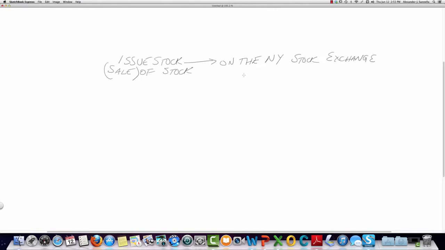Let's say that you're selling 100 shares of stock. And each share of stock, as we'll see, each certificate has a par or a face value. Now let's say that par value is $2 per share.